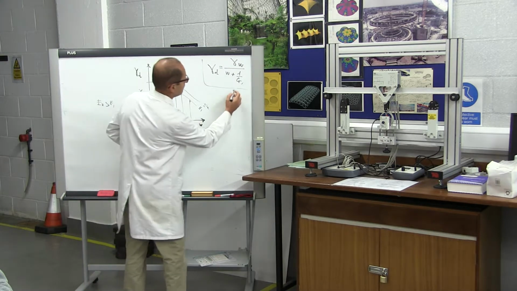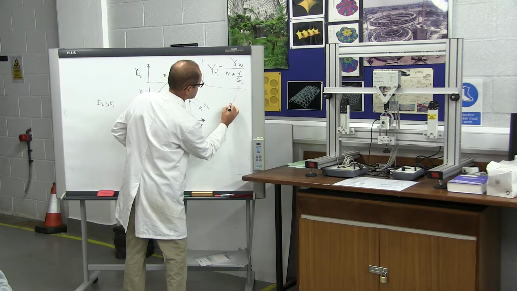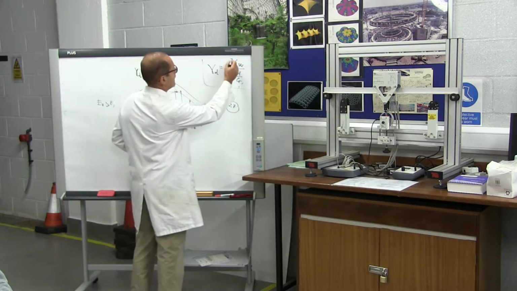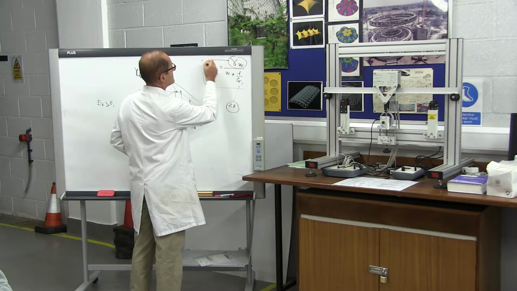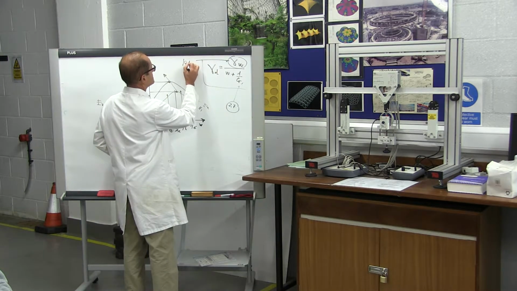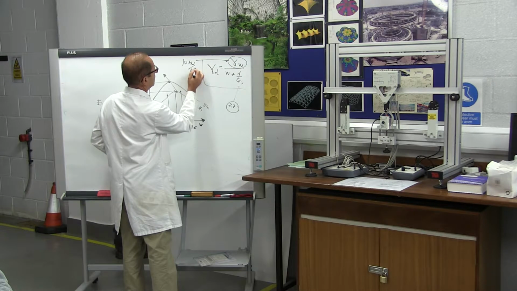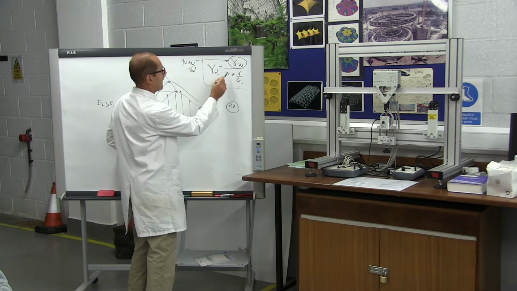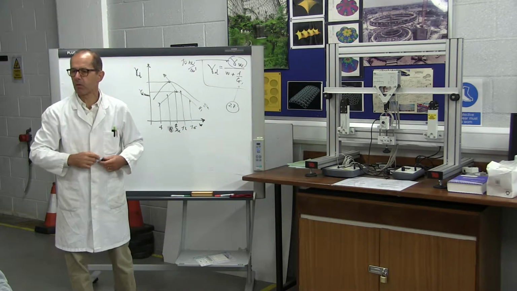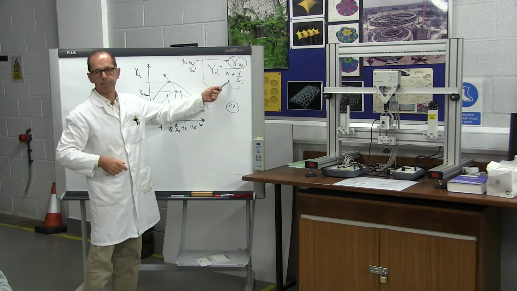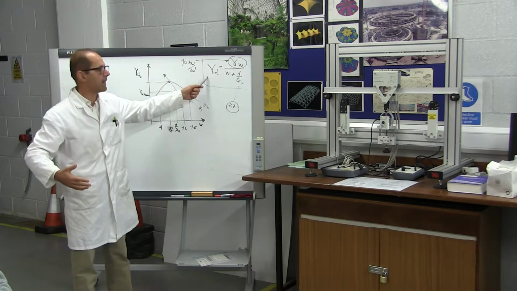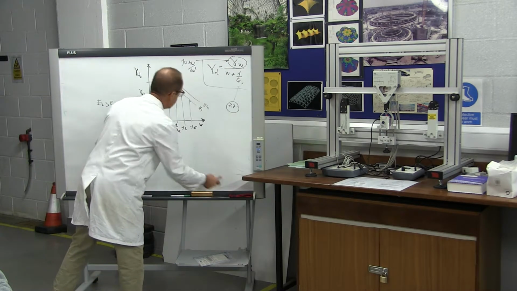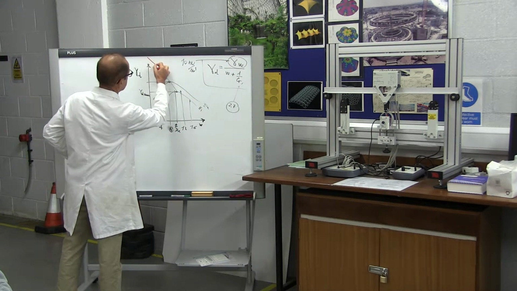Let's say I have 2.7, a non-dimensional number. Gamma W is 10 kilonewton per cubic meter, and W is my independent variable. For each value of W, which is 0.1, 0.2, you can get the corresponding value of gamma D. And you should find here the saturation curve, which is curved like this.